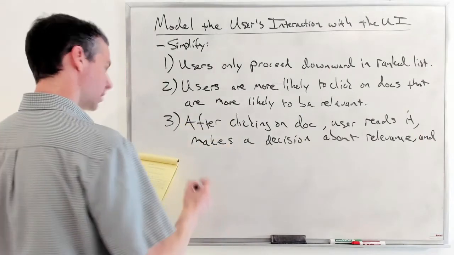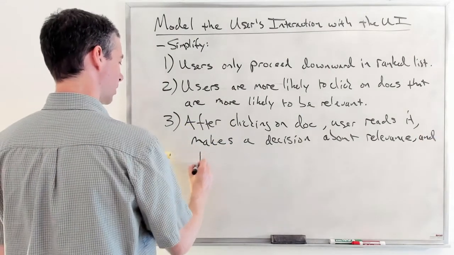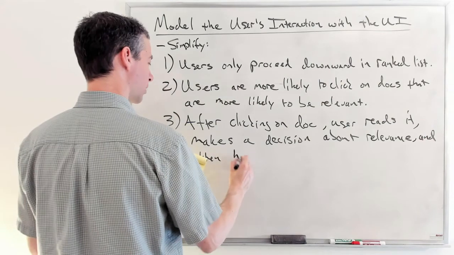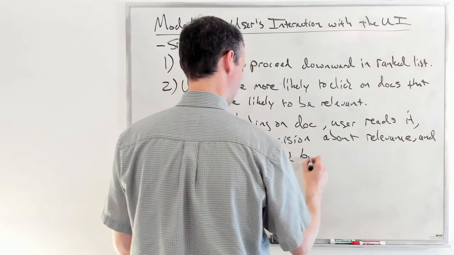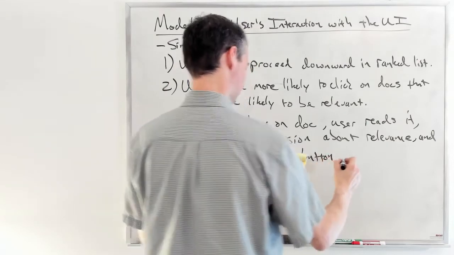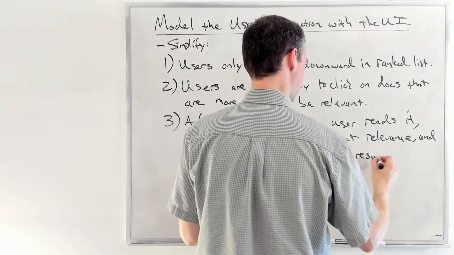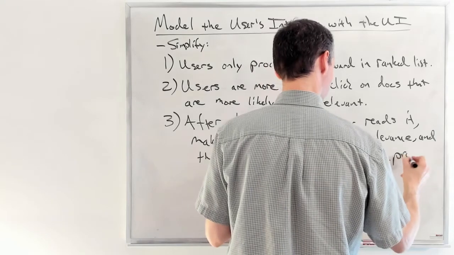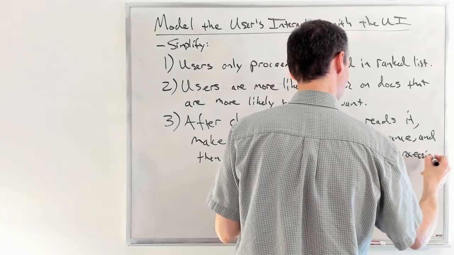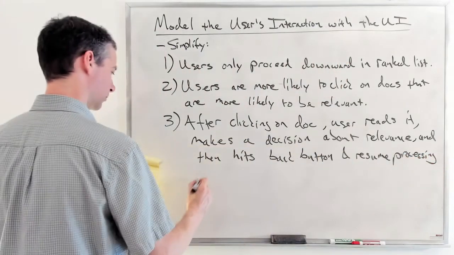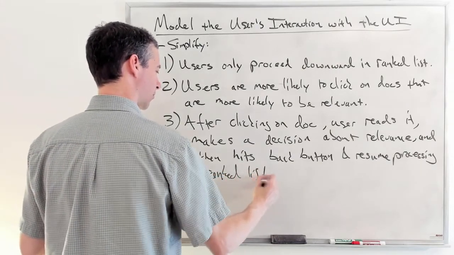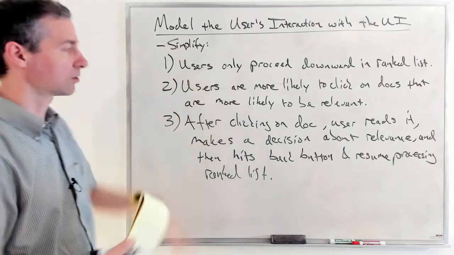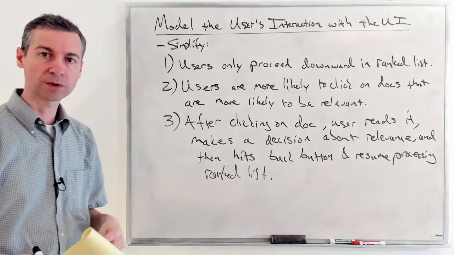And then after they've made their decision, and maybe they've saved it, then we're going to model that they hit their back button and resume processing the ranked list. So we'll resume working down the ranked list. All right, so this is our very simple notion of our user.